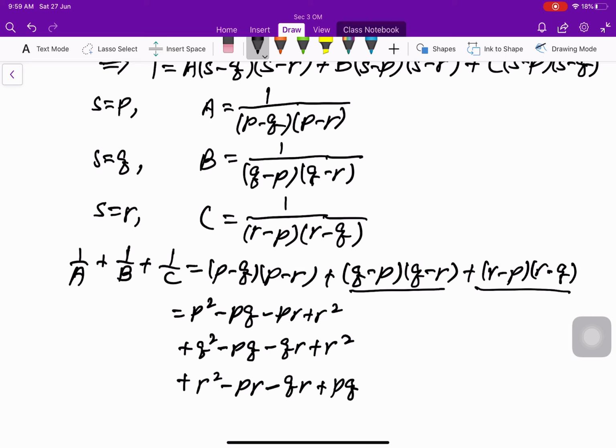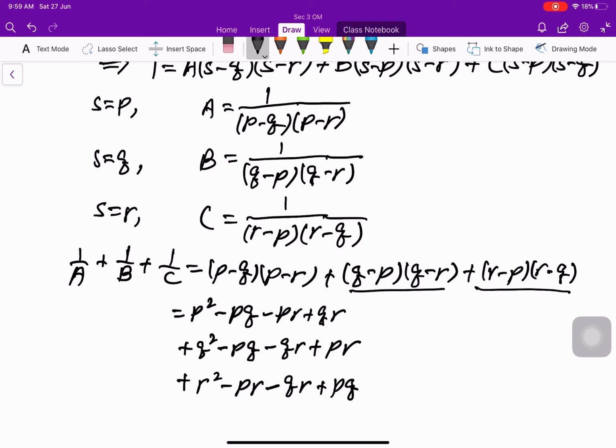Sorry, I think I made a mistake in this part here. The last term, I was not very careful. This is actually QR, and this part here is PR.